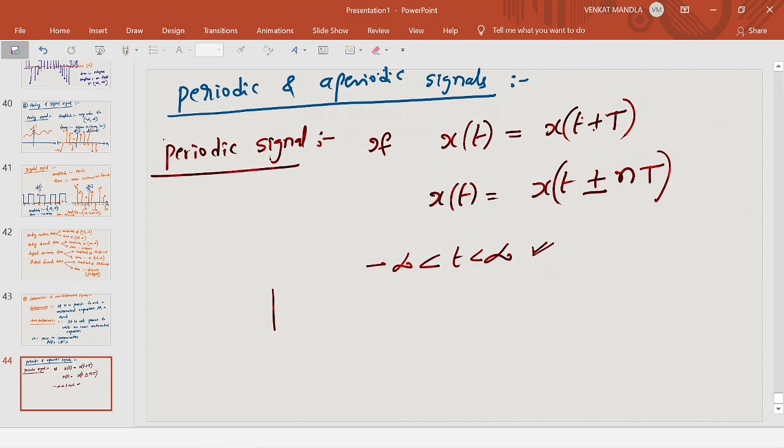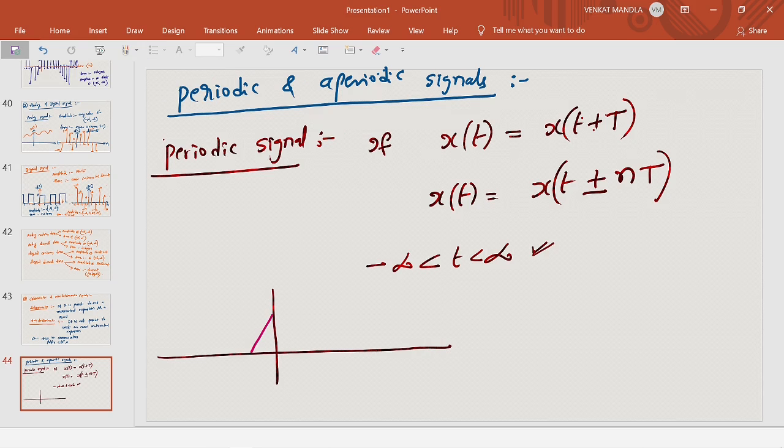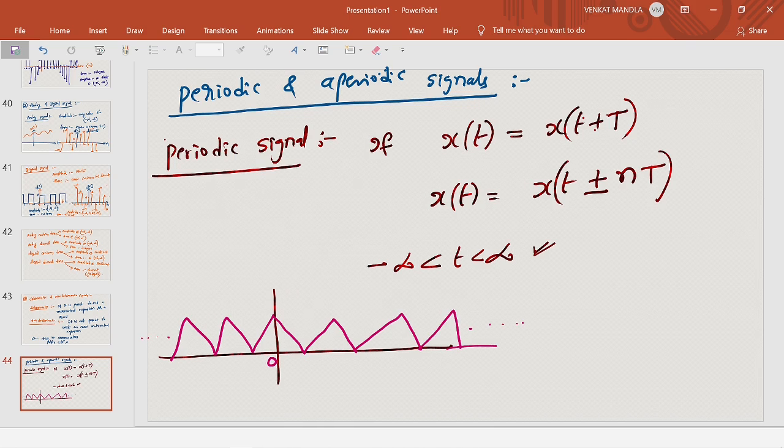So for example, let's say 0, capital T, 2T, minus T, minus 2T, and so on.